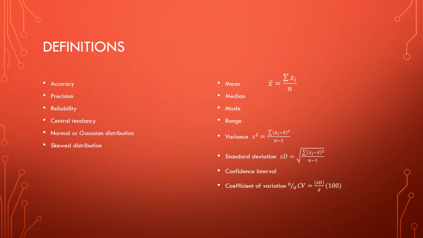Some other terms that will come up is, for example, central tendency. Central tendency is when you have a representation of a large group of data points that are equal to, or at least very nearly equal to, the same as one data point.